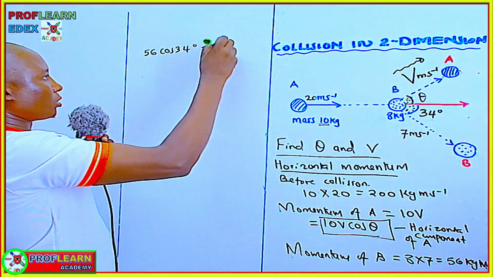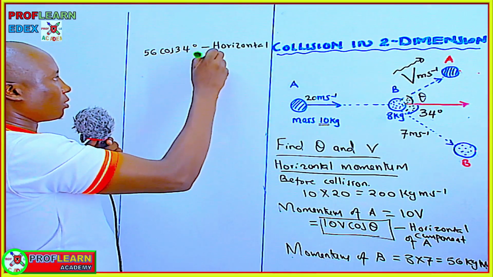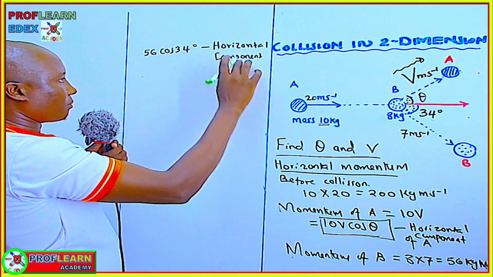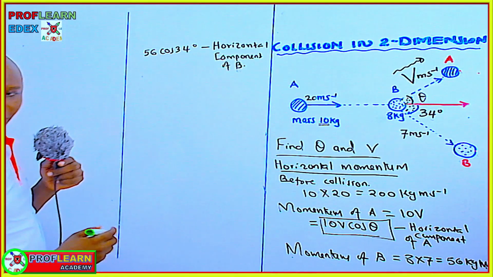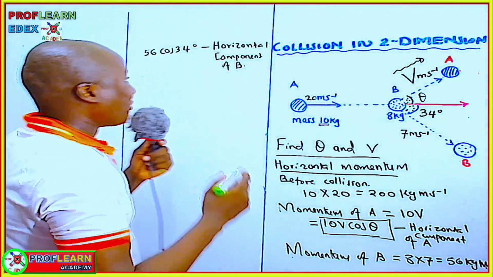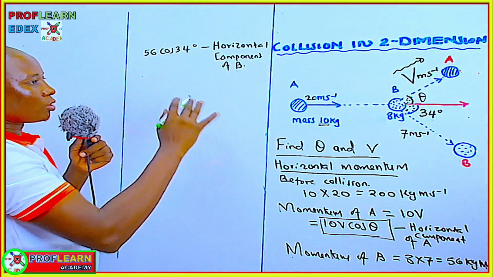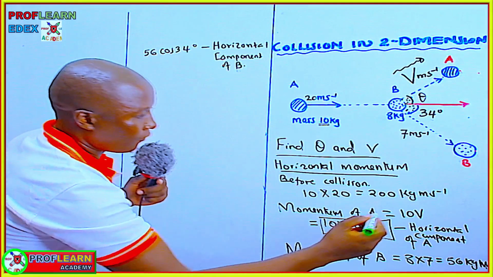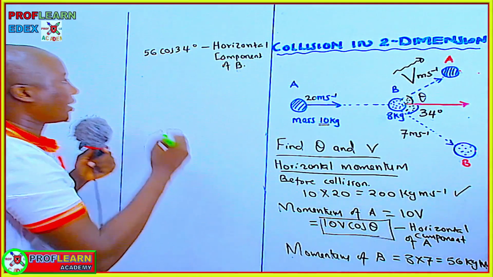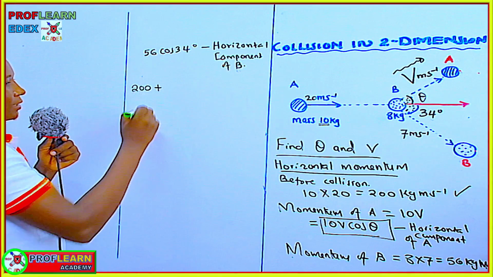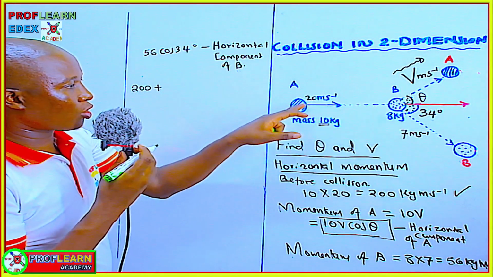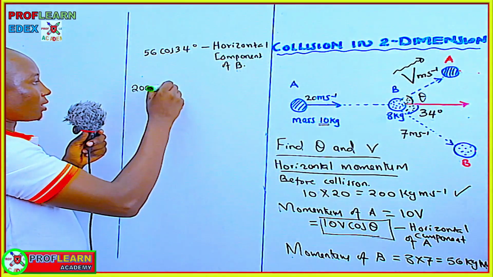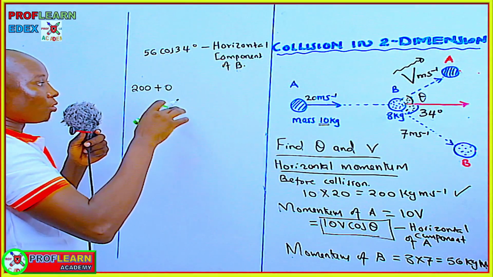Now, once we have this, we are going to say momentum before collision is equal to momentum after collision in the horizontal direction. The first one is this one, which is 200. So we're going to say 200 plus 0. Before this collided with this, it was not moving, so the momentum of B in the horizontal direction before collision was 0.